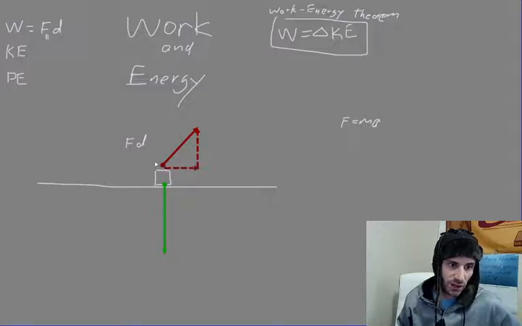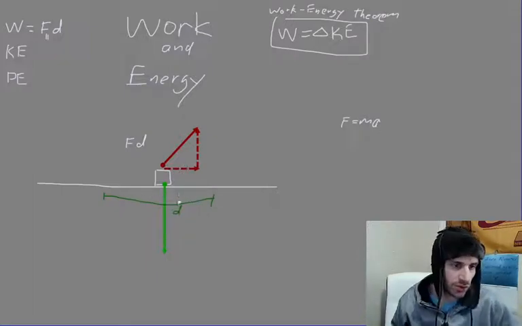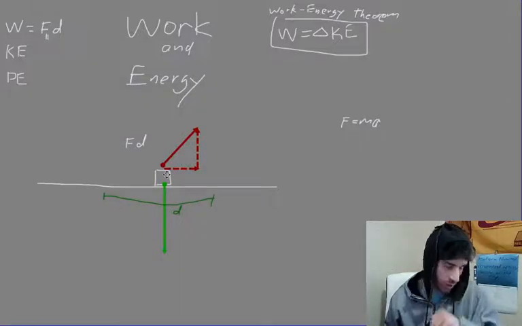If I know that it's moving from some given distance, from here over to here, that's the distance it's moved, and you apply a force during that time, and your force is going to be this much in that direction. You're actually applying a force up at an angle, but it's this much of your force that is actually going towards accelerating it or moving it. And so multiply those two things together and you would get the work done.